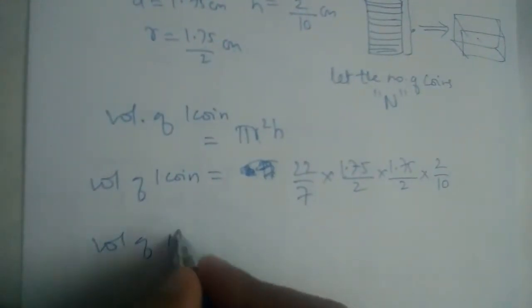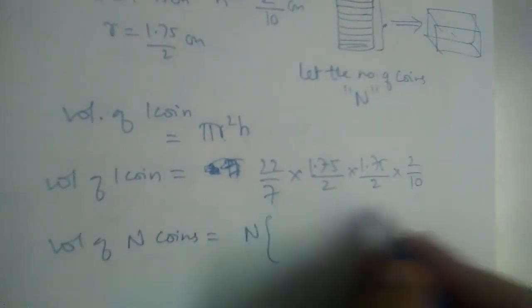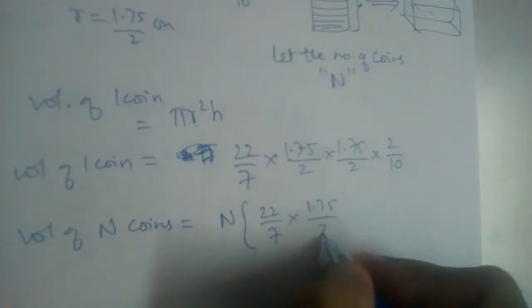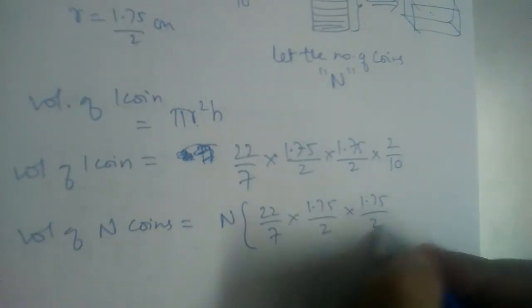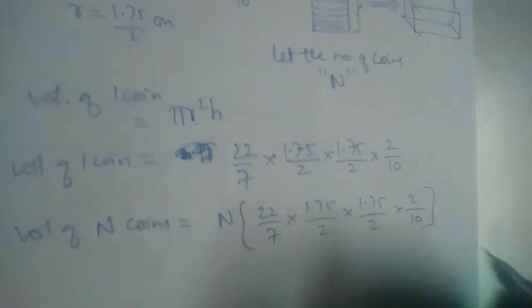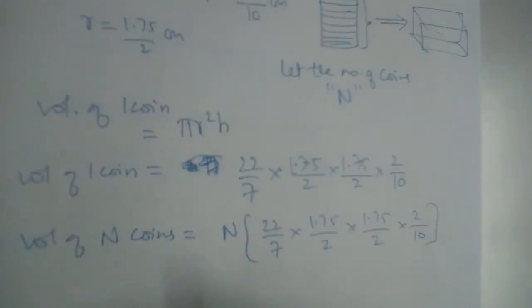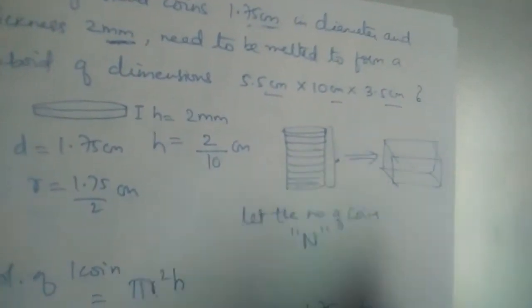Now volume of n such coins will be equal to n into this whole term, right? So 22 by 7 into 1.75 by 2, 1.75 by 2 into 2 by 10. Now this volume of n coins should be equal to the volume of cuboid, right?